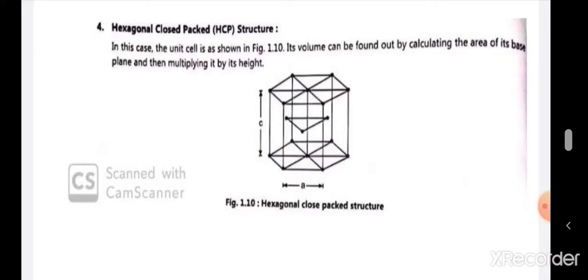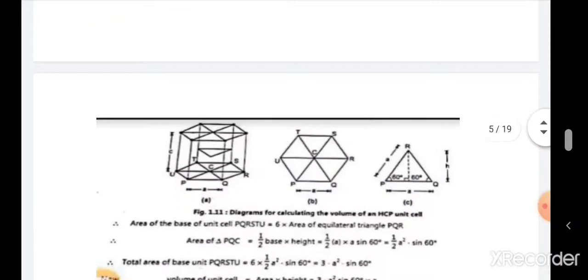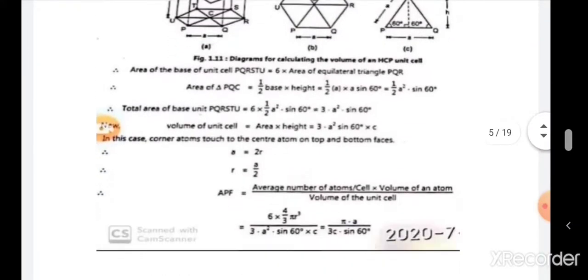We have a formula for atomic packing efficiency, that is average number of atoms per cell into volume of atom divided by volume of unit cell. We know very well that the atom is in spherical form, so the volume of atom, that is volume of sphere, will be 4 by 3 pi r cube.